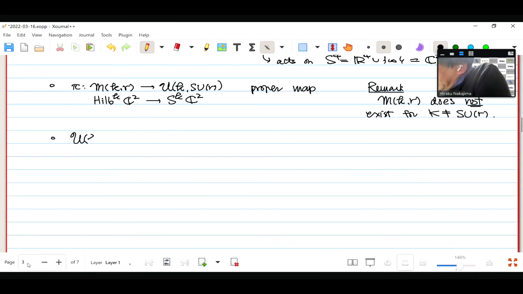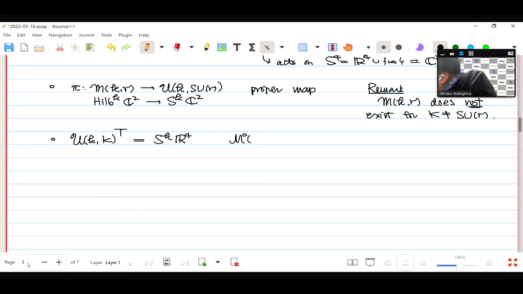I first consider the fixed point set with respect to the maximal torus of K, or the complexification of K. So this is S^K over 4. Or maybe I should say that I have M0(K minus L) times.